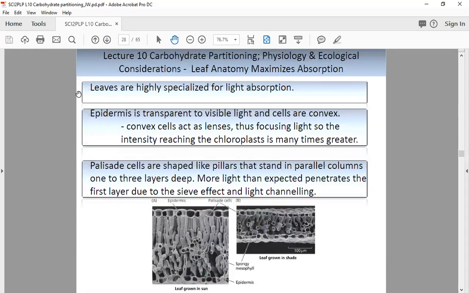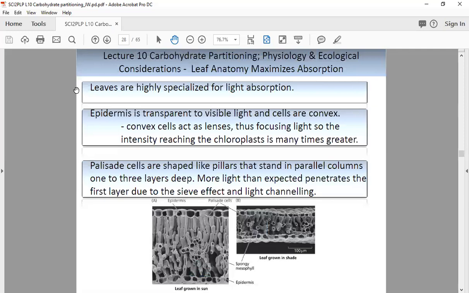All right, so let's now look at how leaf anatomy maximises the absorption of light. The anatomy of a leaf is obviously highly specialised for light absorption. The outer layer of epidermis cells are transparent to visible light. And remember, most of those epidermal cells actually lack chloroplasts.